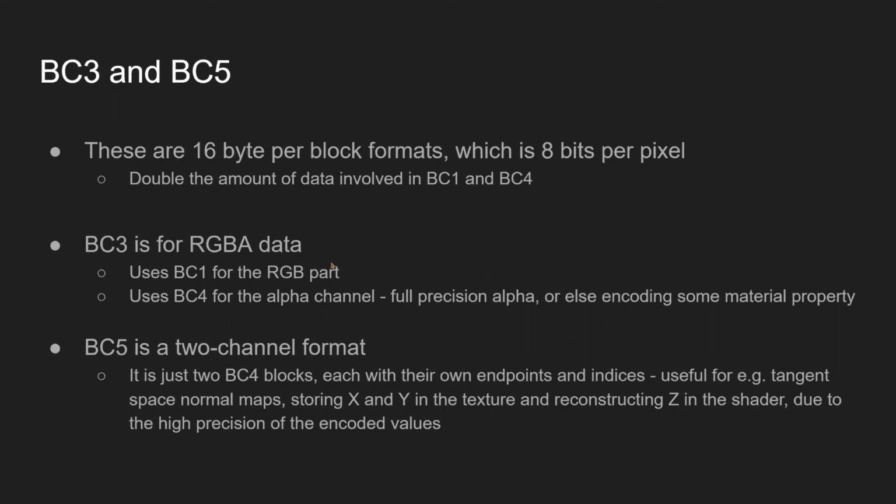And so that's an 8-bit precision alpha, or it may be encoding some material property. BC5 is for 2 channels, for example, tangent space normal maps. Something where you might be reconstructing a value in the shader, but that's 2 BC4 blocks per block, basically.